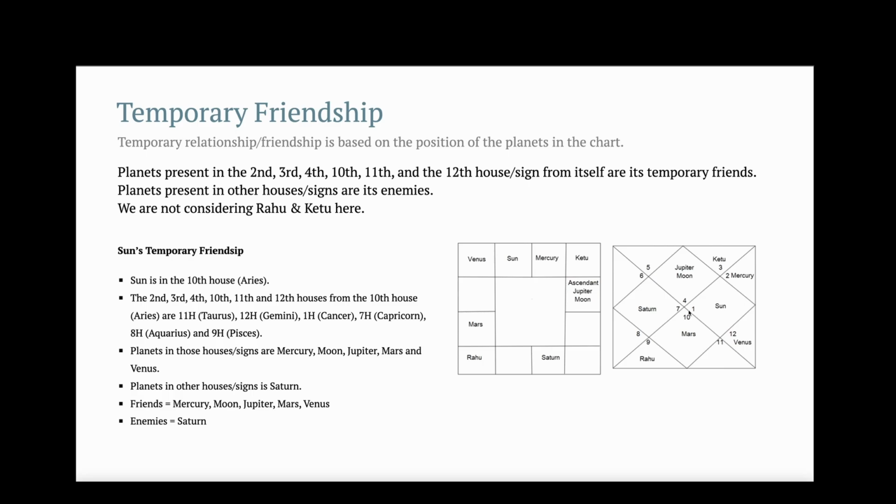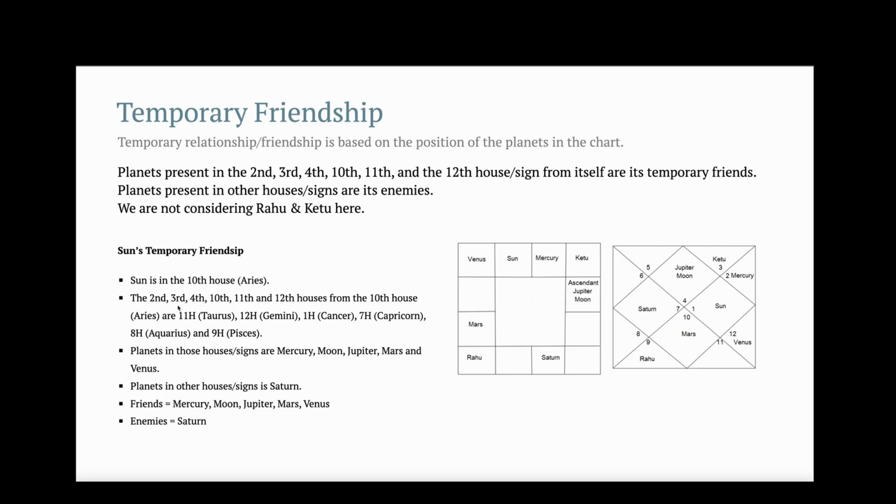And the number shown here is actually the zodiac sign. So 1 is Aries, 2 is Taurus, 3 is Gemini, 4 is Cancer, similarly 5 is Leo, and the signs go on. So Sun is in the 10th house in this chart and in the sign of Aries.